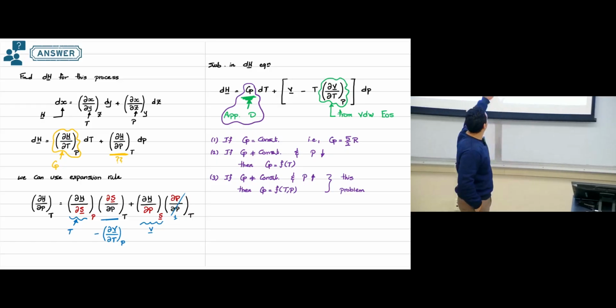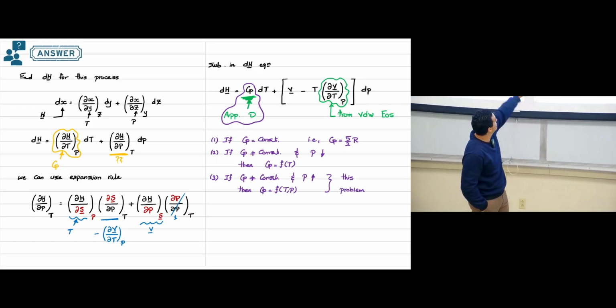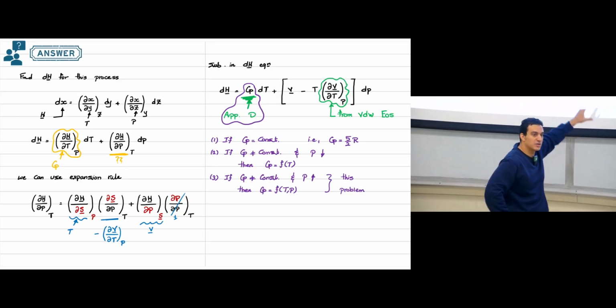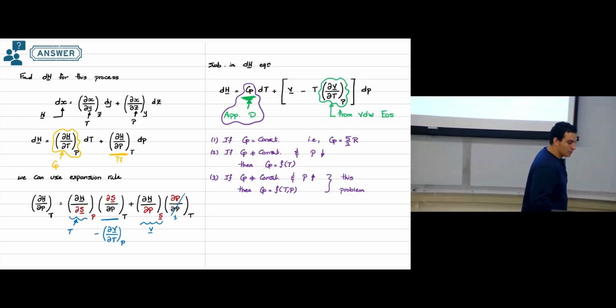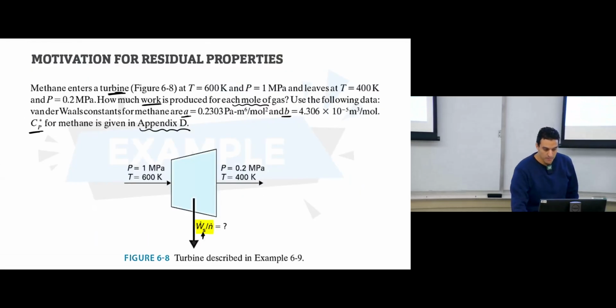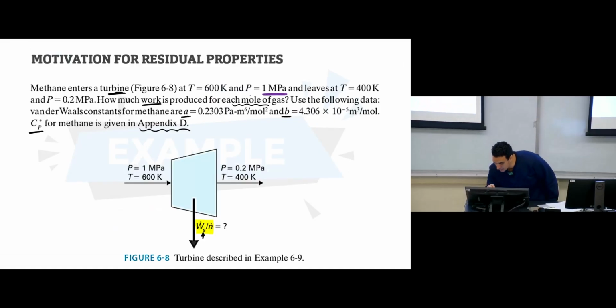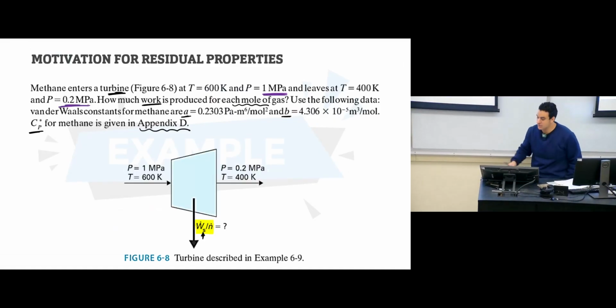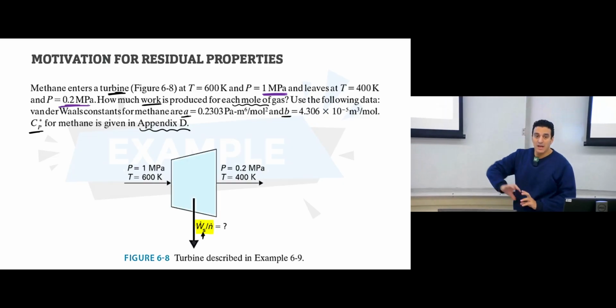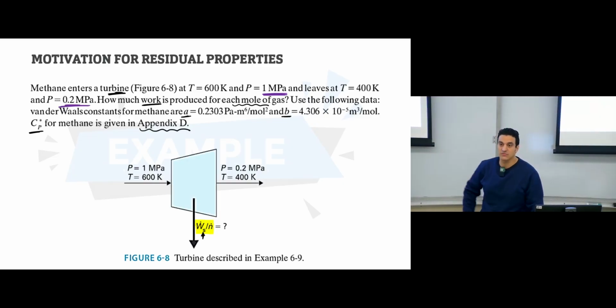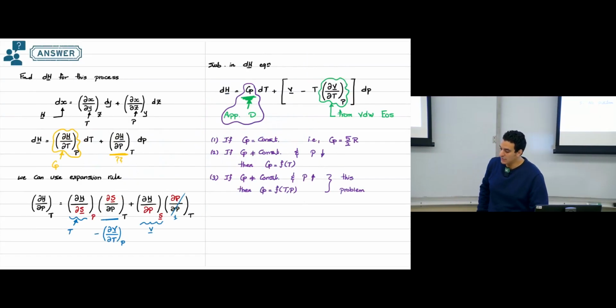Even in case 2, Cp is a function of temperature, so we can use the formula of Cp, make the integration very easily and solve it. But if we get back to this problem, the pressure is 1 megapascal and 0.2 megapascal, and this is a high pressure value. At high pressure, the heat capacity is a function of pressure and temperature. And this is the problem here.